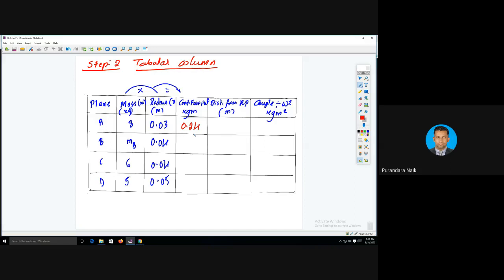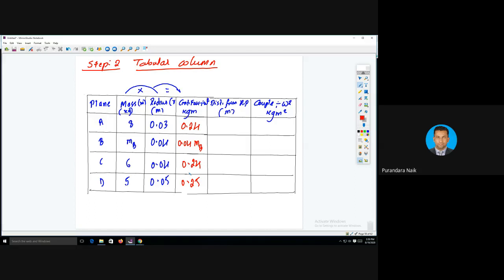And if you multiply MB with 0.04, we'll get 0.04 MB. Next, 6 into 0.04, it is 0.24 again. And last one, 5 into 0.05, this is 0.25. That is the answer for centrifugal force.